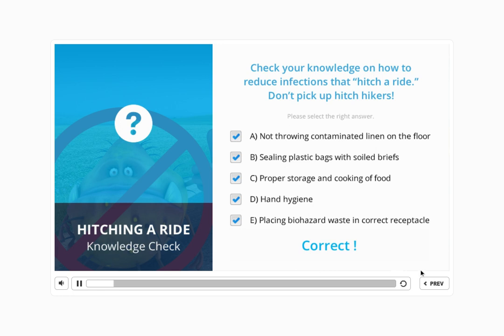Correct, as is A, B, C, D, and E. Each of these items, the linen, soiled briefs, raw food, hands, and biohazard waste, have pathogens on them. When they are not cleaned, contained, or disposed of properly, the pathogens are transferred to a new surface to be picked up and transported elsewhere.